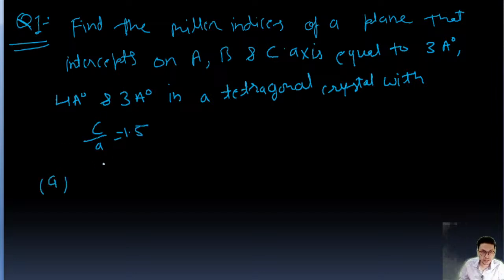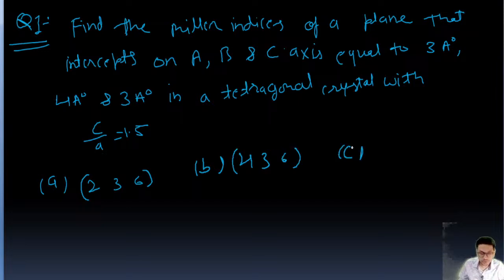Very good question. Option A is 236, option B is 436, option C is 136, and option D is 336.